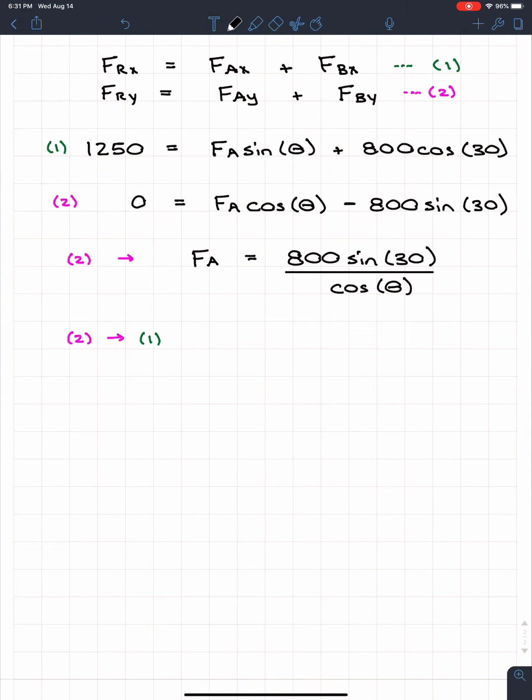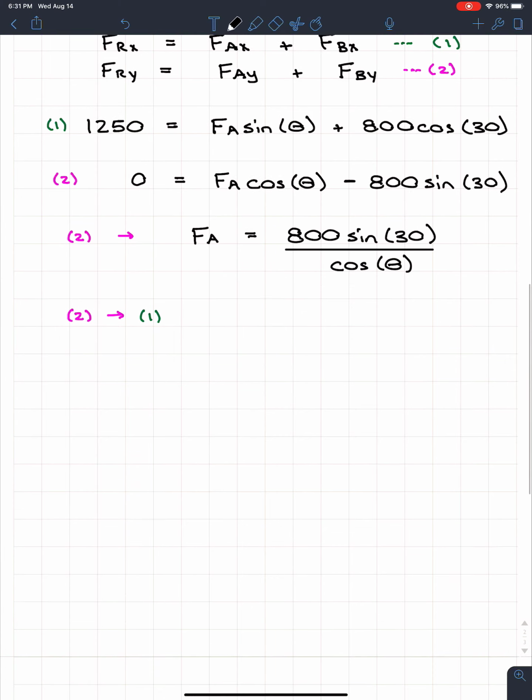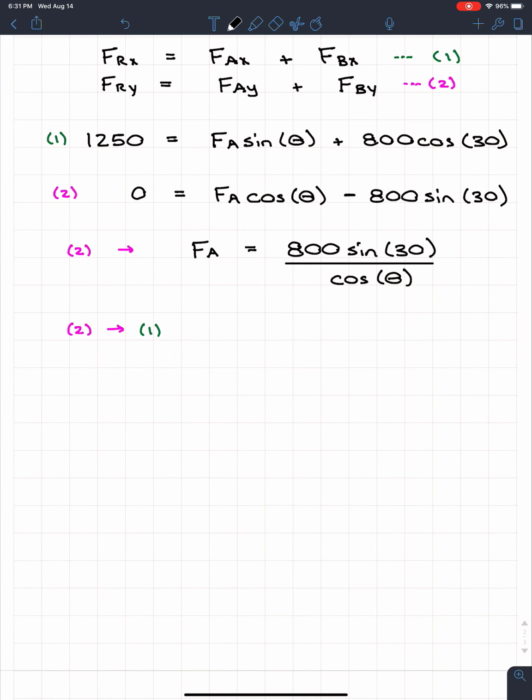So once we do that, we're going to get this equation up here. We're going to get 800 times sine of 30. And that's all divided by the cosine of theta. So this is just FA right there, the first part of equation 1. And then we all know this is going to be times sine of theta, because it's FA times sine theta in equation 1.